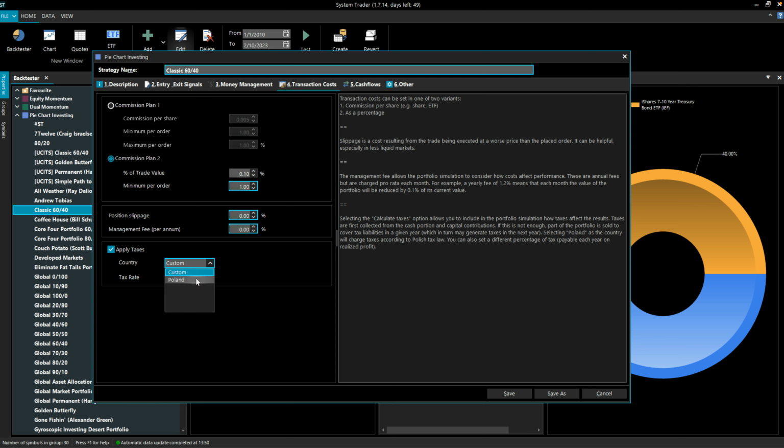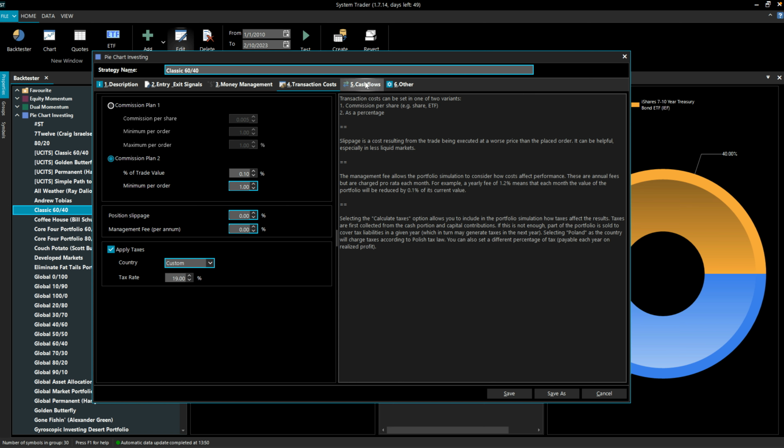If you are from Poland, you can set Poland, and taxes are having great impact on our portfolios. They are not so important for the passive portfolios, although even there, taxes may have a very negative impact when we are doing so-called rebalancing. But if you are investing using active strategies, then you have to pay great attention to taxes because they can be really very huge in time.